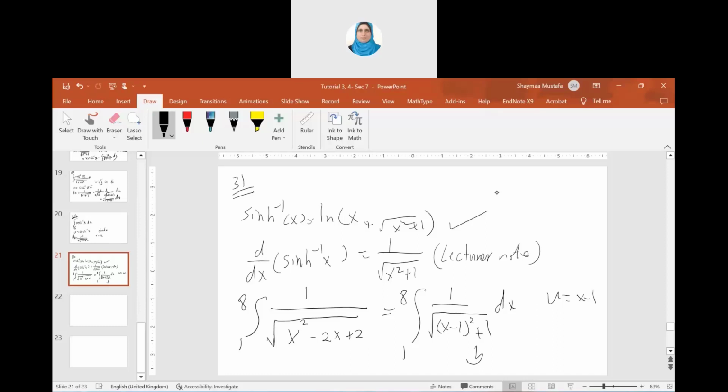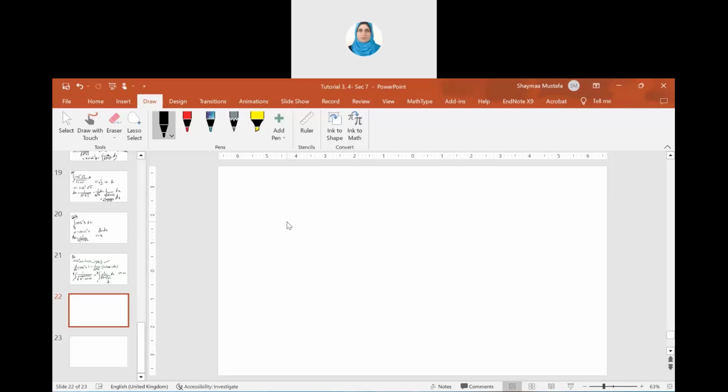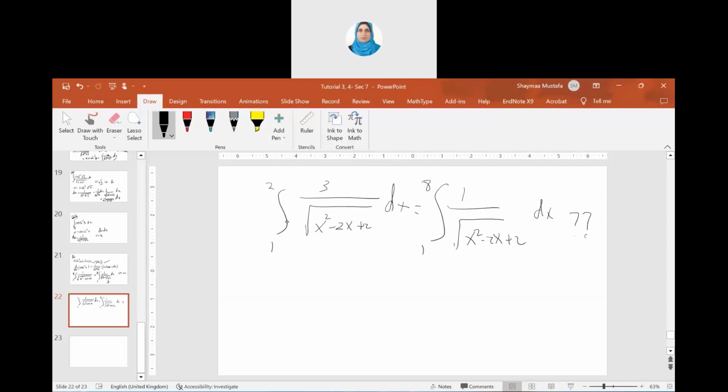Now, the last thing in question 31, you need to show that this one, okay, I will complete it here, because maybe you will ask about this part. We have to prove that the integral of 1 over the square root of x squared minus 2x plus 2 dx, from 1 to 2, is equal to this one.